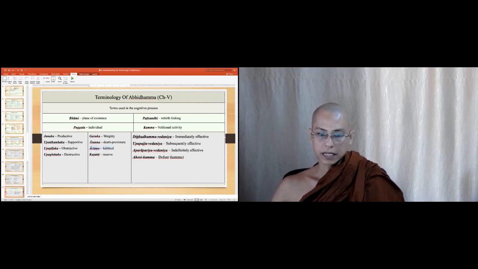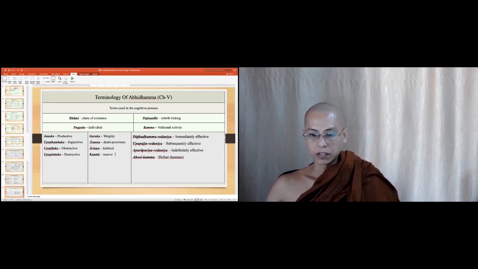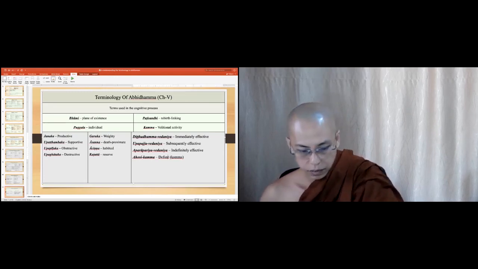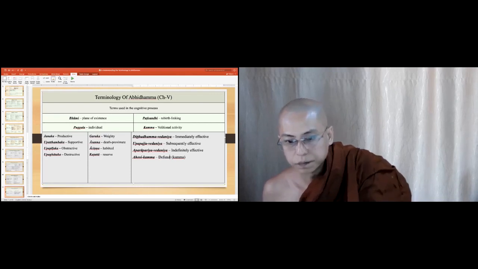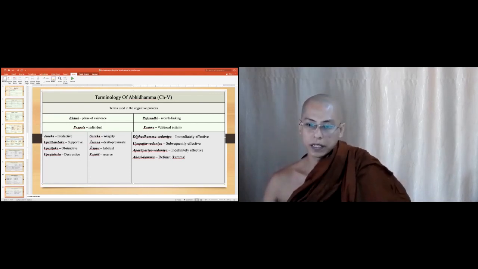And Katatta Kamma, so reserve. Here I drop the rest. Okay, so Ditthadhamma Vedaniya, Ditthadhamma is in the present time, that's why it is immediately effective. Upapajja Vedaniya, subsequently, so in the second life the kamma produces its result.